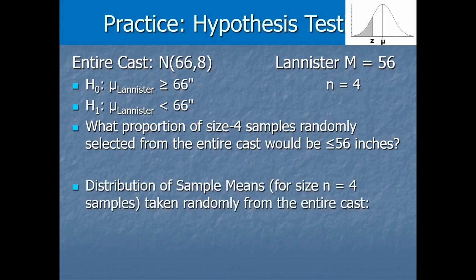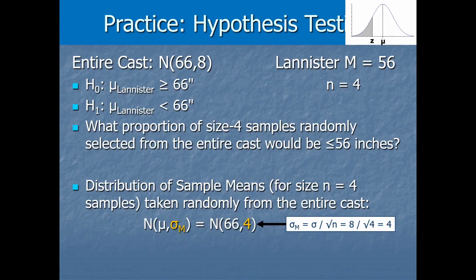So we set up the distribution of all possible sample means for samples of size 4. Again, what the graph would look like if the null hypothesis was true. It would be a normal curve, like in the corner there, and the normal curve of samples taken from the population of the whole cast would have a mean of 66 and a standard deviation of not 8, but for this whole distribution of all possible samples, it's 8 divided by the square root of the sample size.